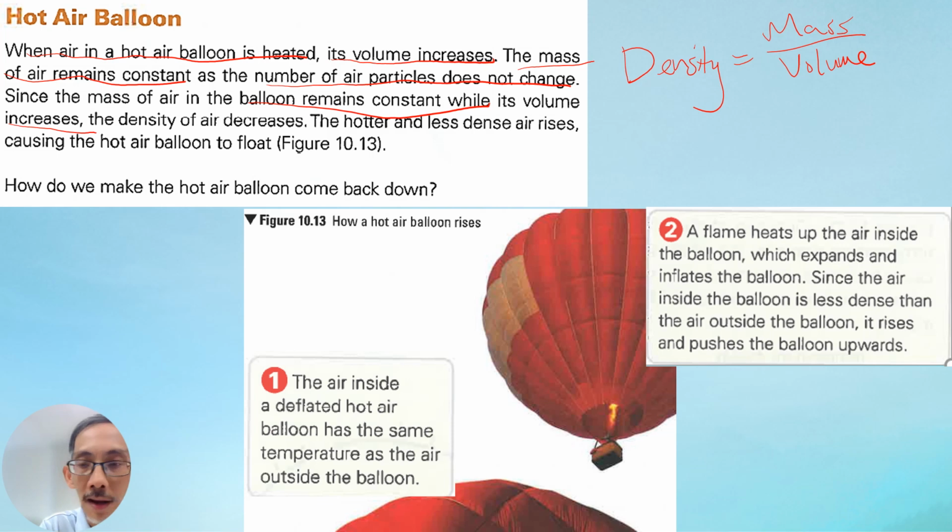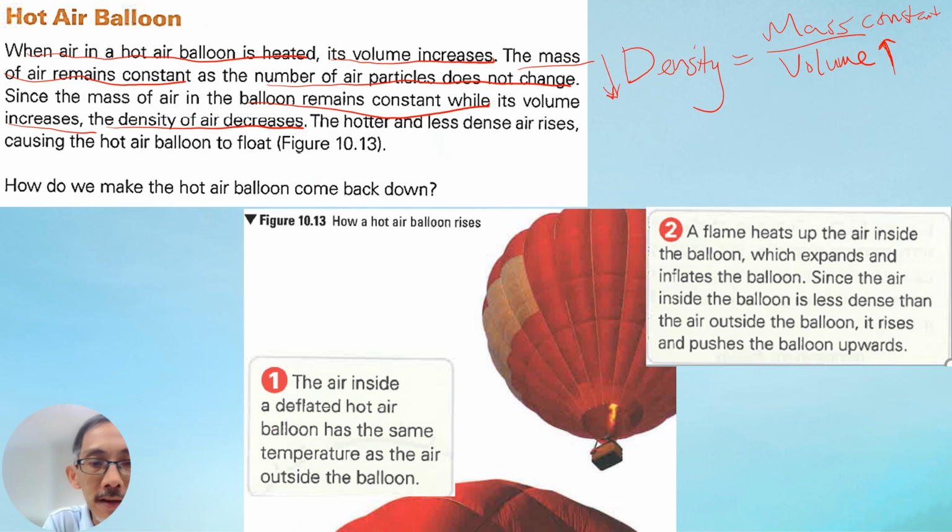So based on what I said earlier on, if mass is constant and now volume has increased, so the effect on density will be density will decrease, right? That's how you use the understanding of density, which you actually learned in chapter 2. Okay, hopefully this is not forgotten.